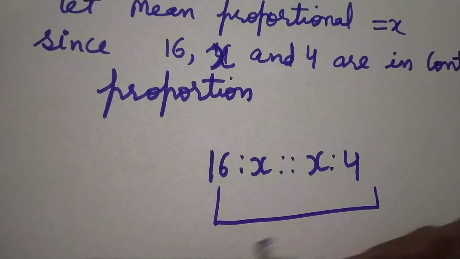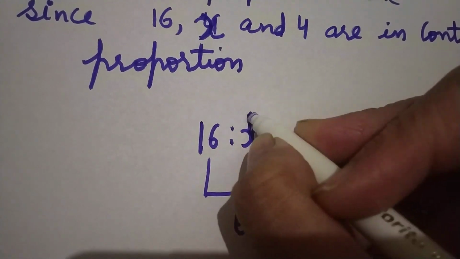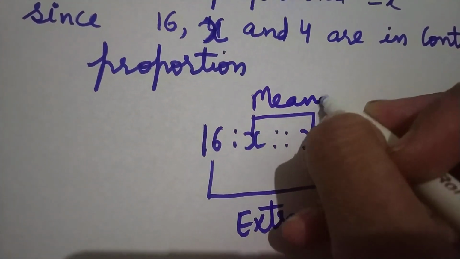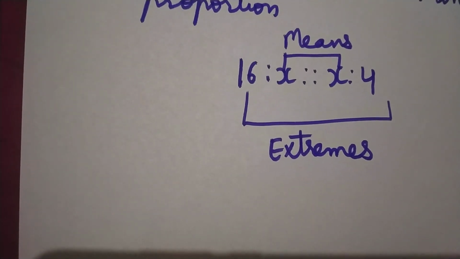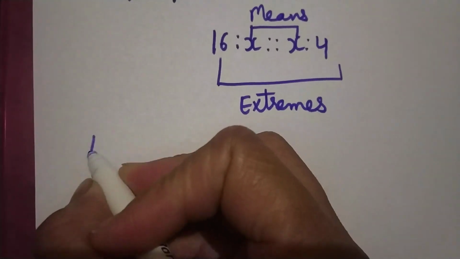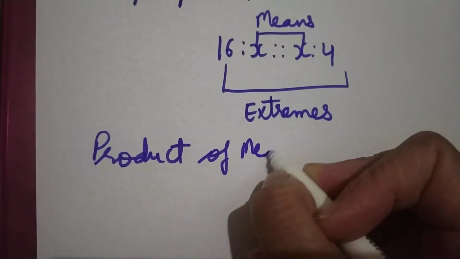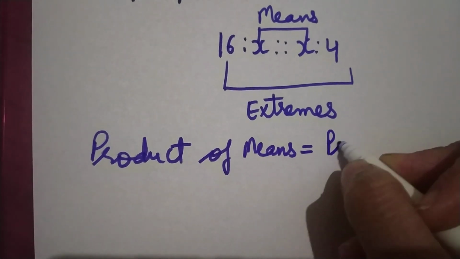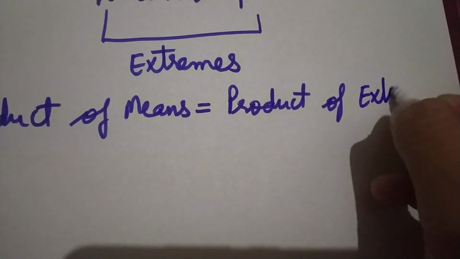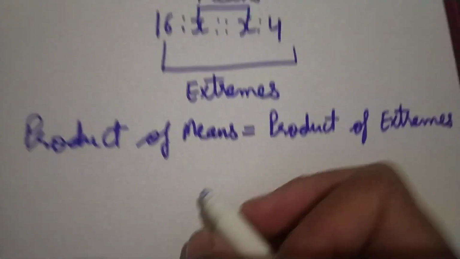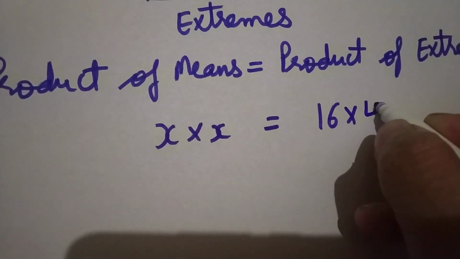So 16 and 4 are extremes, x and x are means. Since they are in continued proportion, the product of extremes is equal to the product of means. Here means are x multiplied by x and extremes are 16 multiplied by 4.